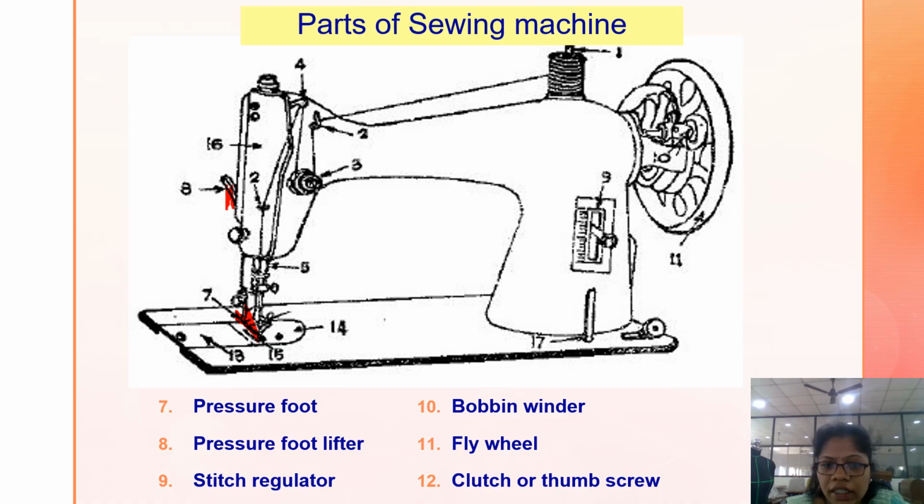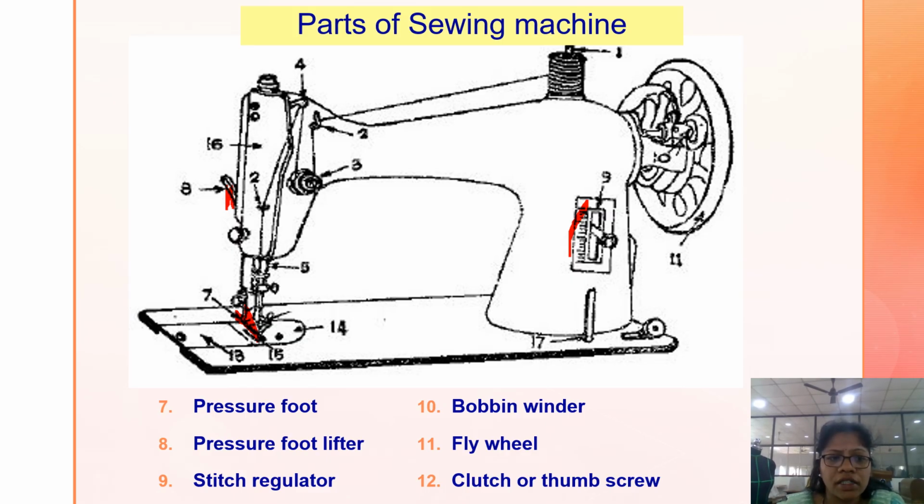The next one is the stitch regulator. Here you can see the stitch regulator. The stitch regulator controls the length of the stitches. If we want to have gathers, we can use the number 5. If we want to stitch a moderate, medium length, we can use the number 3. Up to 5, we will have numbers on the stitch regulator.